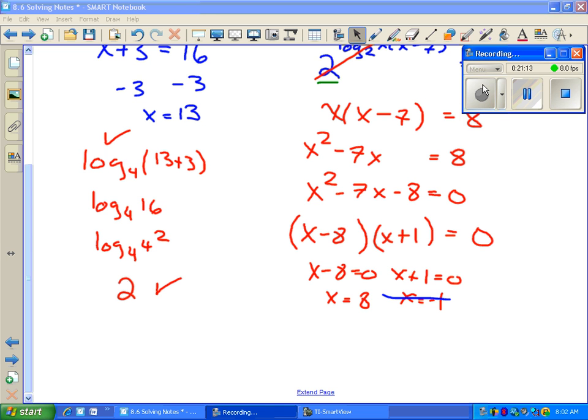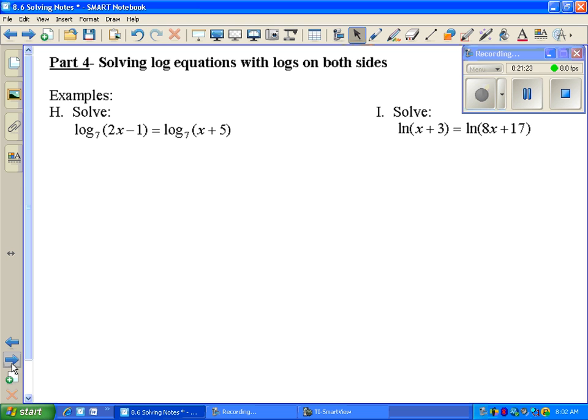So that's 3 different ways of doing this. 3 different types of problems. Is there a 4th way? Yes, this is the last type of problem I might give you when it comes to solving. And it has logs on both sides of the equation. First thing that you have to see, notice, realize, understand, and value, for lack of a better word, is that whenever I give you this type of problem, the bases of the logs have to be the same.